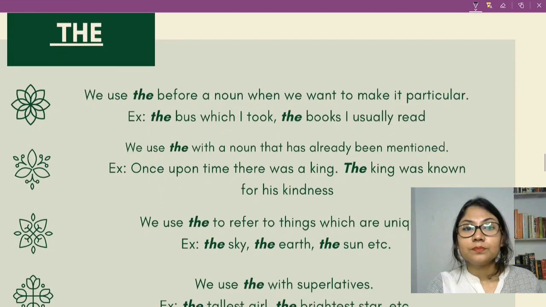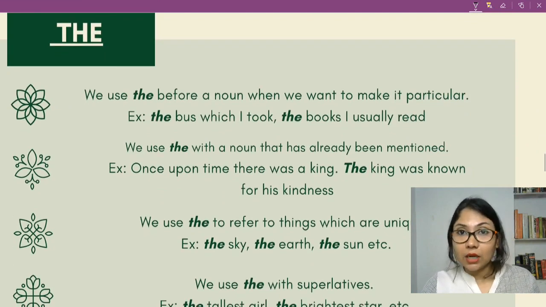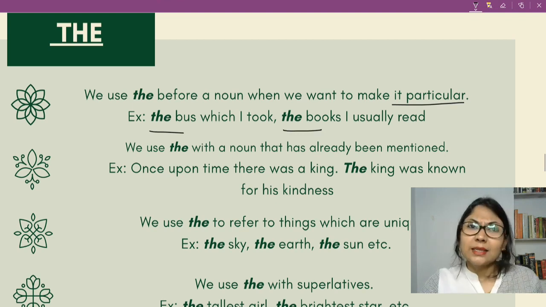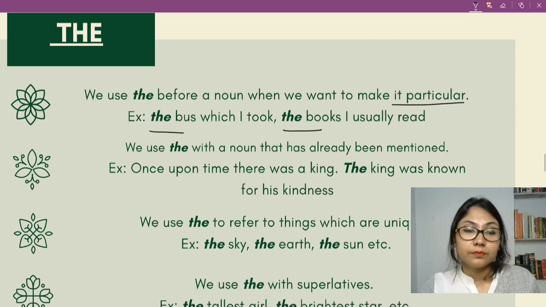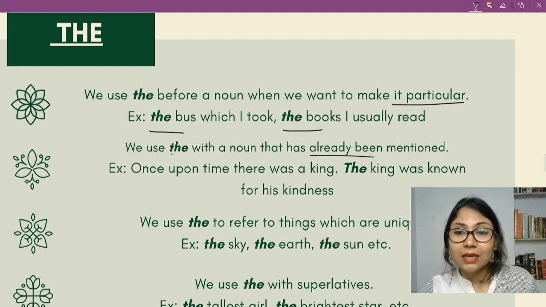Now let's see the definite article. That's the. When do we use it? We use the before a noun when we want to make it particular. The bus which I took, the books I usually read, etc. Then we use the with a noun that has already been mentioned.